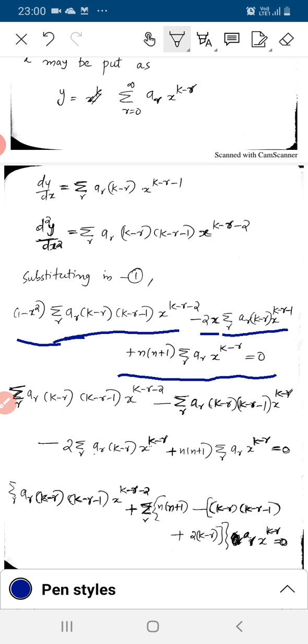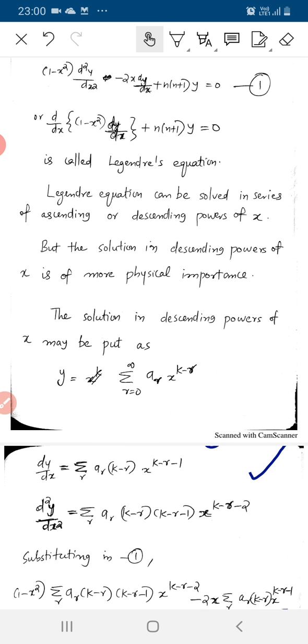So we substitute for y, dy by dx and d square y by dx square in equation 1.